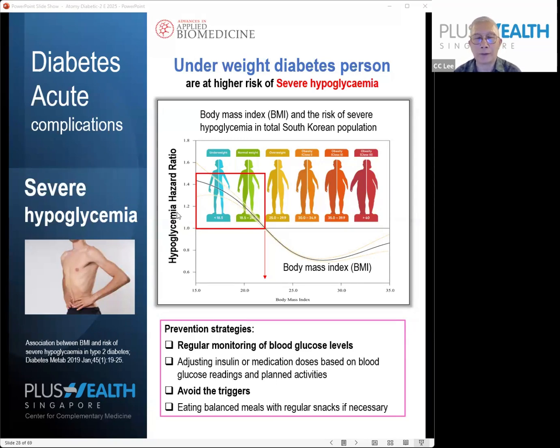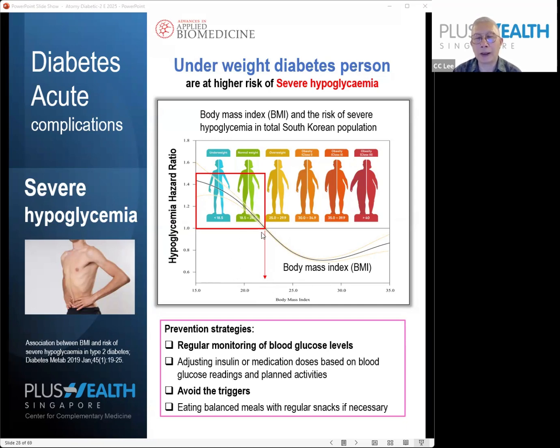If you look at this chart, the body mass index, this point is what we call the healthy point. We consider 18 to 24 the healthy range.